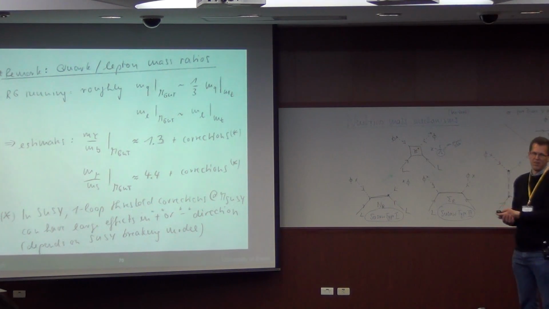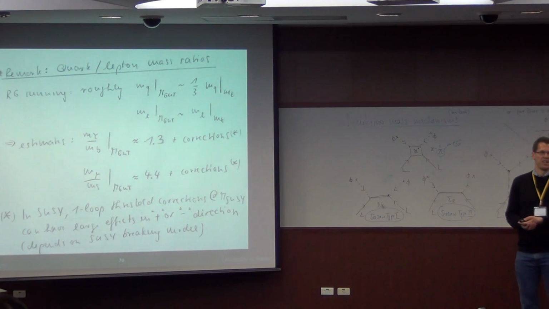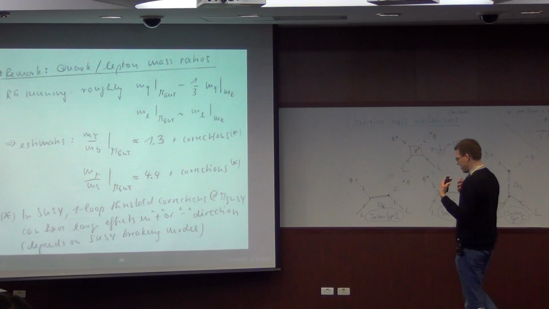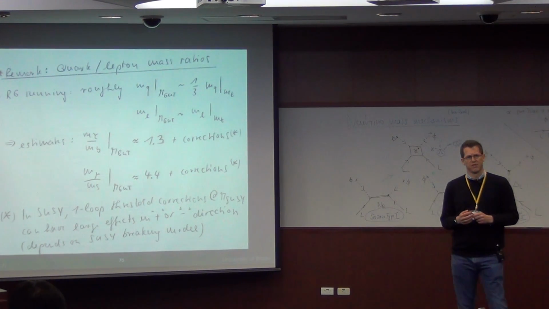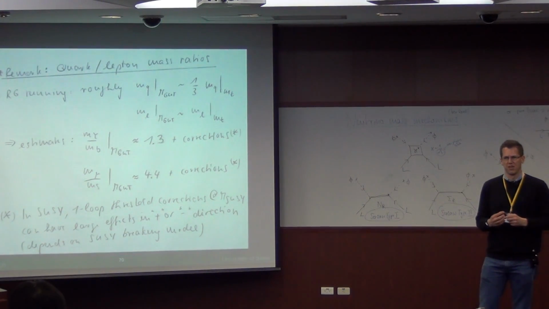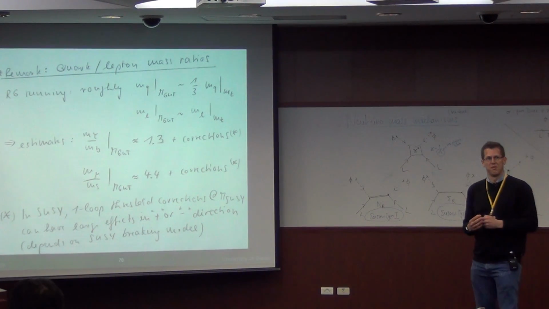In the supersymmetric theory, there is some extra effect, which is that at the low scale, or at the scale of the superparticle masses, you get some finite one-loop contributions, so-called supersymmetric one-loop threshold corrections, which can also modify these ratios.